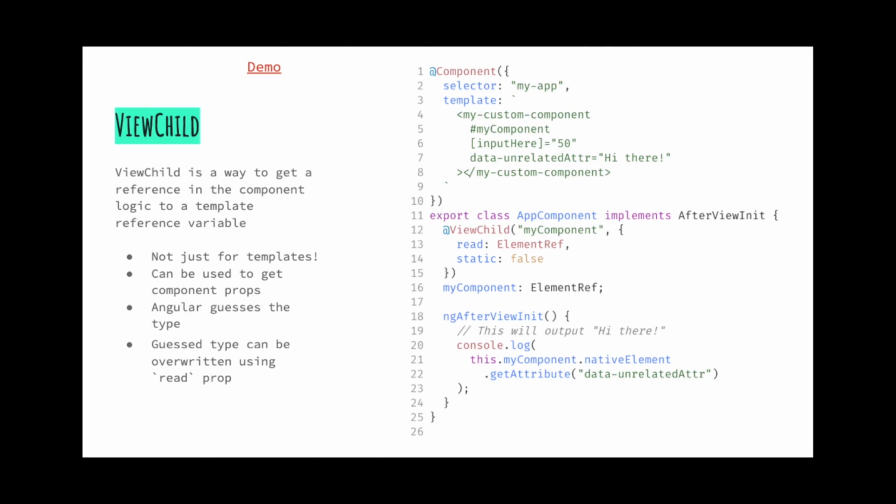So for example, if we have a dataset attribute, which is on line 7, called, in this case, unrelated attribute, we can console log this attribute from the native element itself rather than from the class instance. So we're overriding what assumed type Angular has on that component instance.